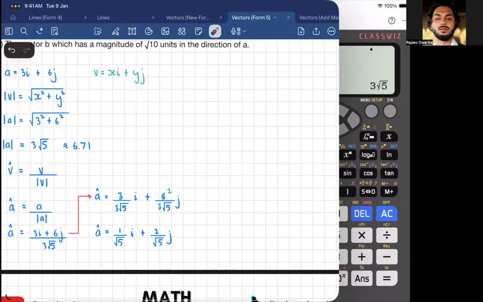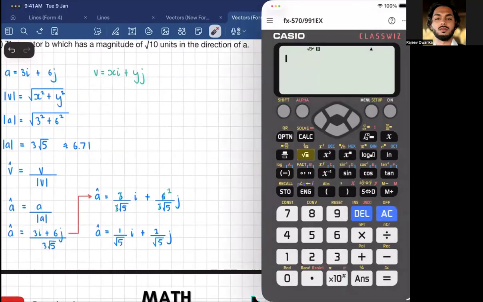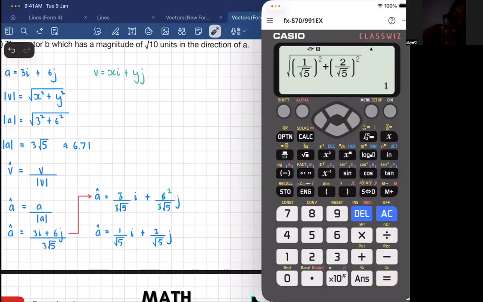And we could verify that because if I put it into the calculator and I find the magnitude, it's going to be 1 over root 5 squared plus 2 over root 5. When I press equal, what am I supposed to get? Yep, I will get 1.